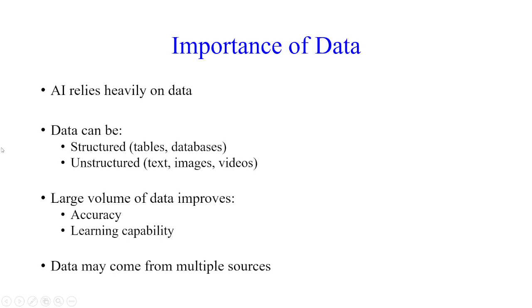When I say learning capability, when more data is available, AI generalizes better, handling new situations. Data may come from multiple sources, we don't rely on a particular source. It might be from a sensor, from a database, from the internet, from the user. Integrating all these and generalizing a solution is always unique.